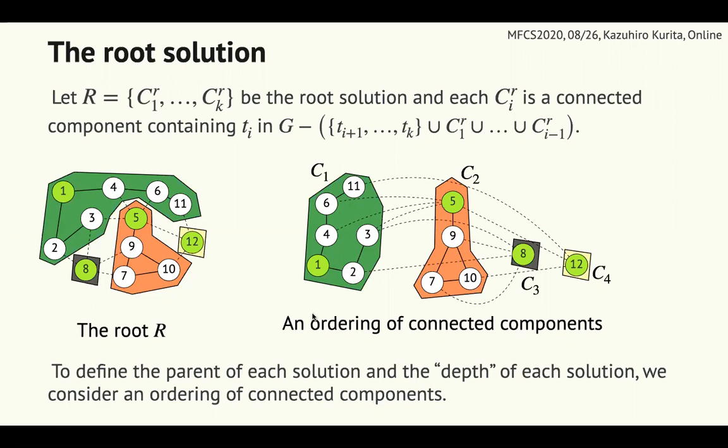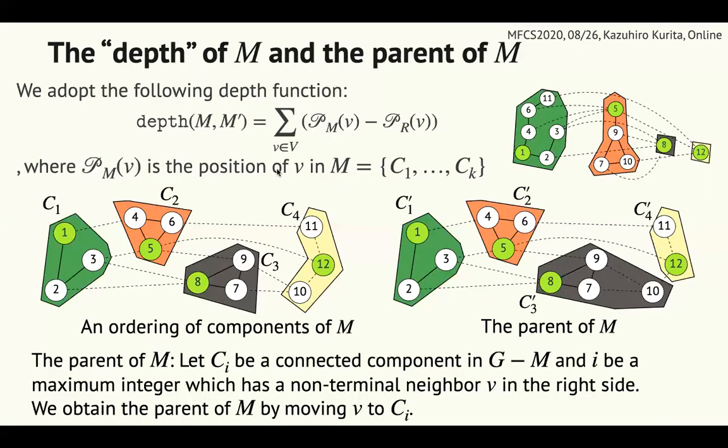To define such a depth function and parent relation, the ordering of connected components is important. To this end, we define the depth of each solution and the parent of each solution. We adopt the following depth function like this.